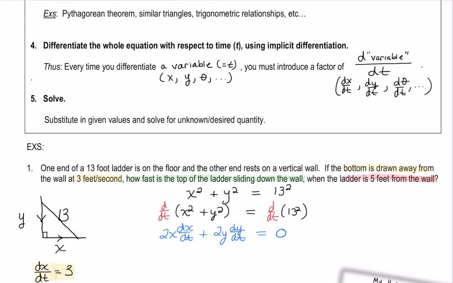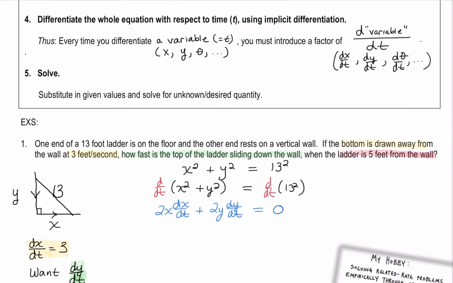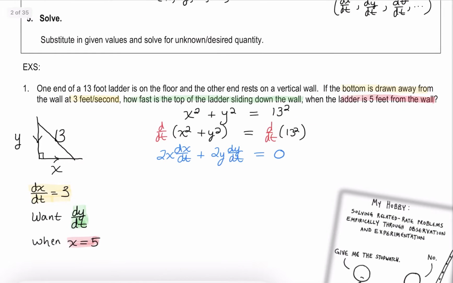Now we are trying to find dy dt. So remember, this is our goal here, finding dy dt. I'll solve these a combination of ways. One way that a lot of folks like to solve these is to isolate the variable that you're trying to solve for, which is certainly fine. So first, maybe getting dy dt by itself.